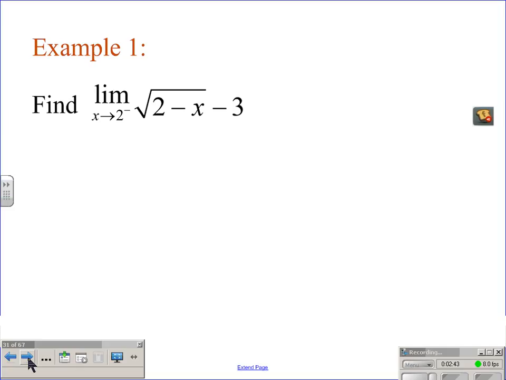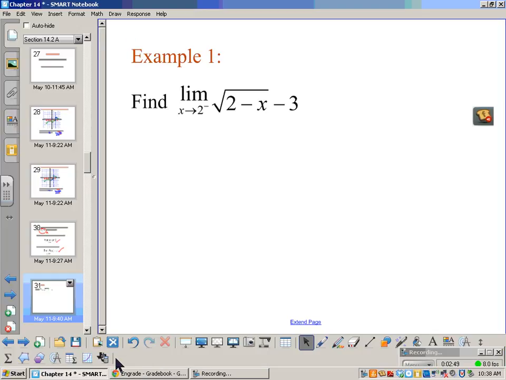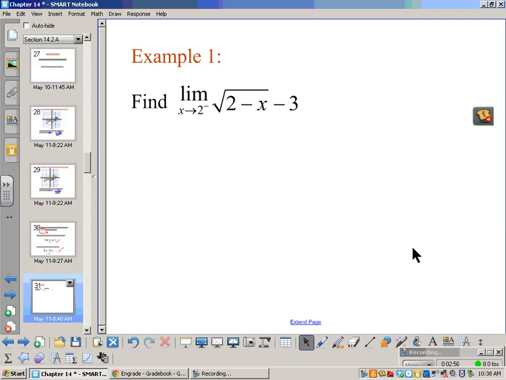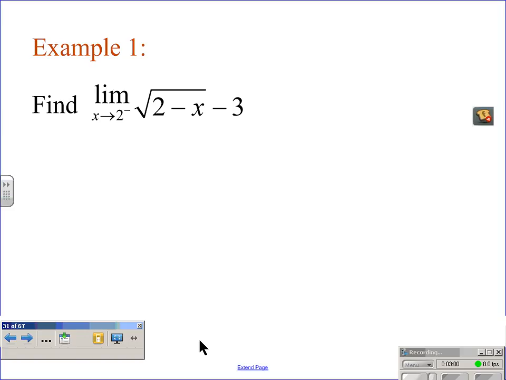Here we have an example we're going to work through, and you can do this using your calculator, or you can also use those properties that we've talked about so far. So let's go through and use our properties, and then we'll also use our calculator in a minute.